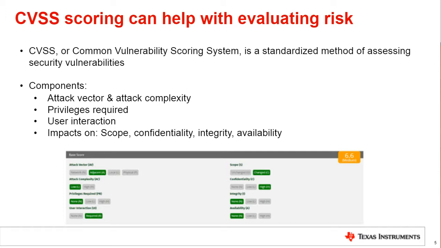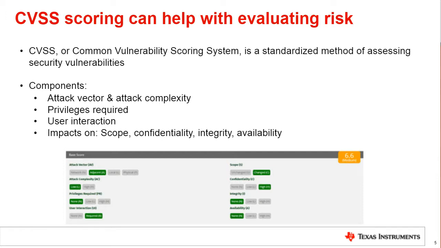The way it works generally is it allows you to break down a vulnerability into different components that characterize it. So it's how the attack is instrumented, how complex the attack is to carry out, whether specific privileges are required by an attacker in order to carry out the attack, whether user interaction with the end system is needed to carry out the attack, and then what does it impact?